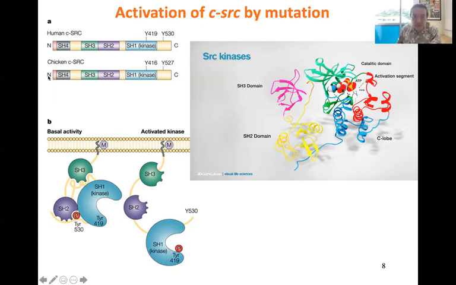So if this is the normal version of Src that was maybe originally taken from the chicken genome, and this is the version that would still be present in the normal chicken genome, what do you think the viral oncogene form, vSrc, looks like, based upon what we've been talking about of how Src is normally regulated? Again, I would love it if one of you threw some ideas out there.